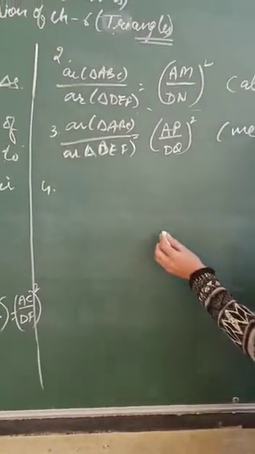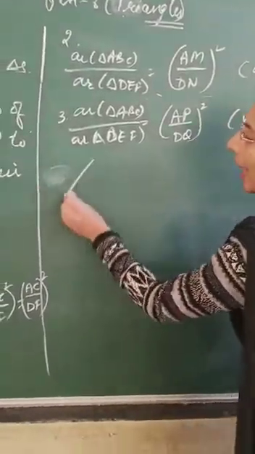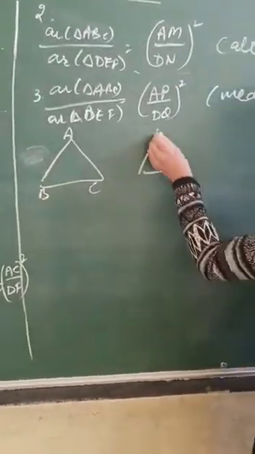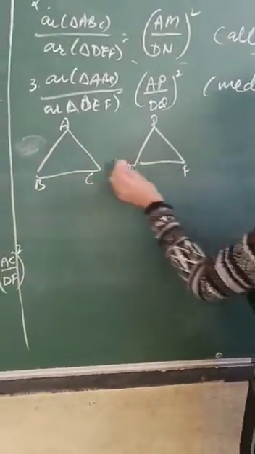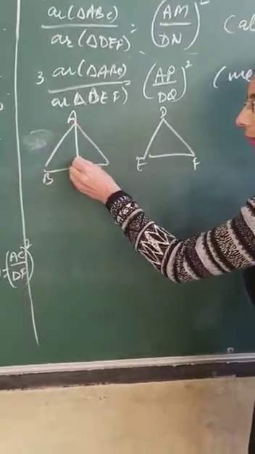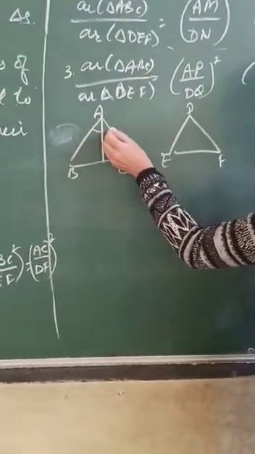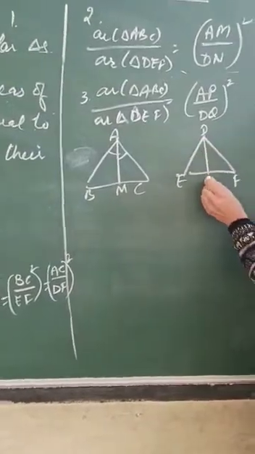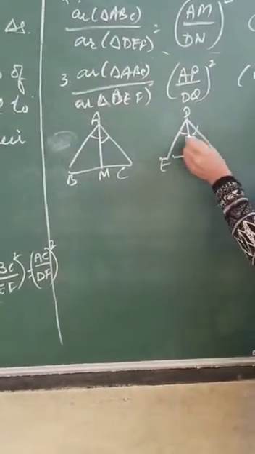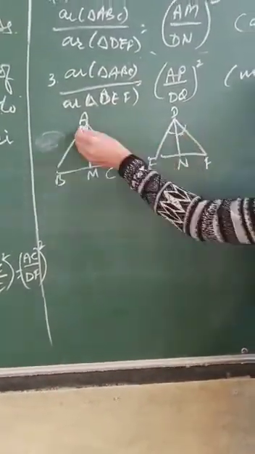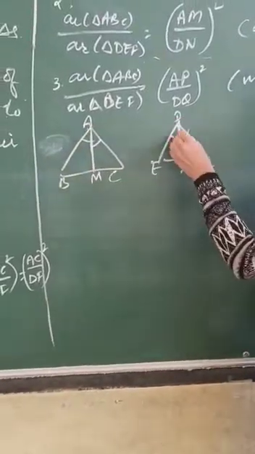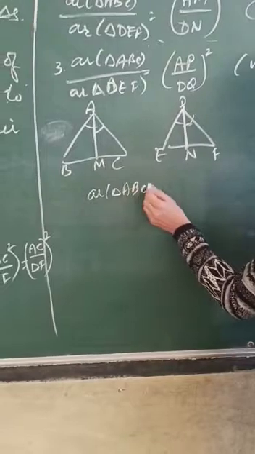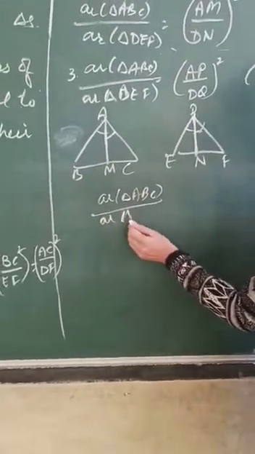Suppose I am drawing triangle ABC and triangle DEF, with angle bisectors. An angle bisector is a line which bisects the angle. Suppose it is point M and here is point N, which bisect the corresponding angles, then the ratio of the squares of these parts is also equal to the ratio of the areas of the triangles.